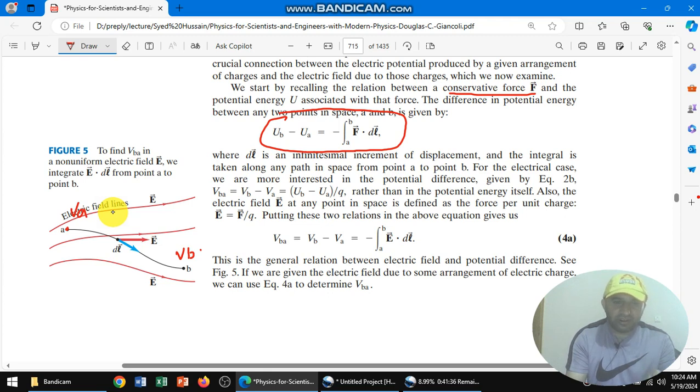If we want to find the energy, we need the line integral of the conservative force dot the length element dl. Suppose at this point we want to find the potential energy, so we just need the electric field, whose direction is represented by this red arrow, and this length element.